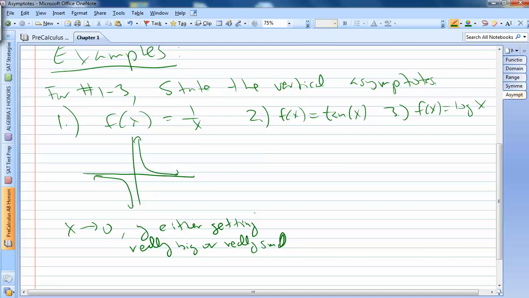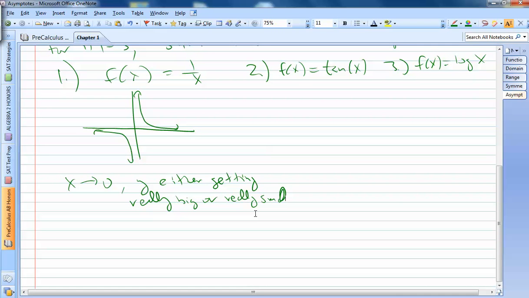And plus you can't plug in 0. But what happens when you plug in values that are close to 0, you'll see this behavior for y, that either it's going to shoot up towards positive infinity or shoot down towards negative infinity. So clearly, x equals 0 is an asymptote for that first example.